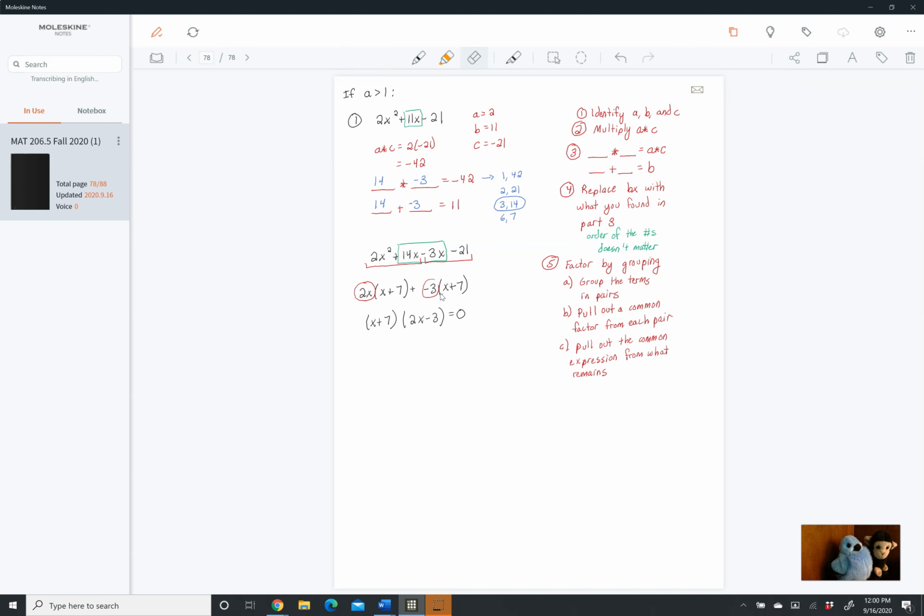So now we can solve for the roots. And we solve for the roots in the same way. So you set each factor equal to 0. This one is going to give us x equals negative 7. This second one I'll work through with you. You add 3 to both sides. So we get 2x is equal to 3.